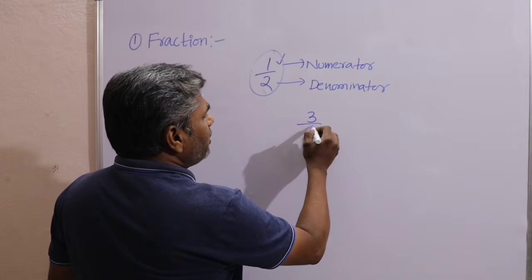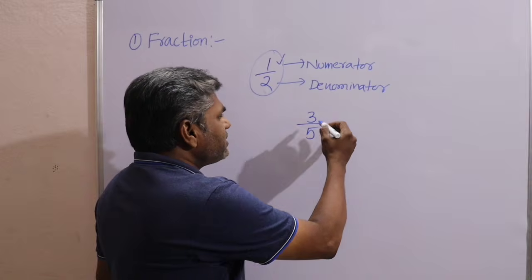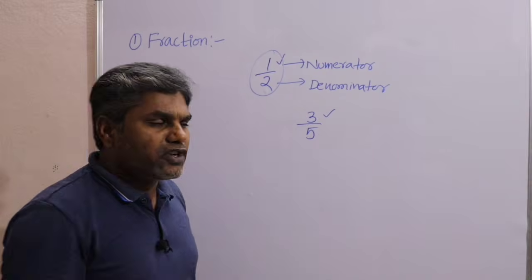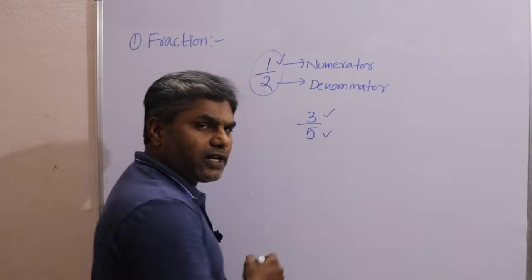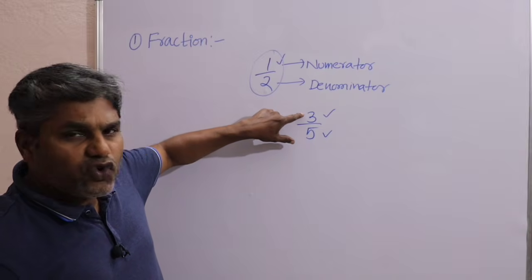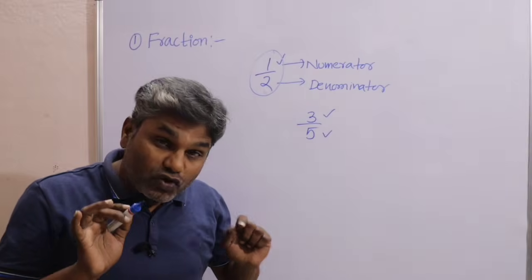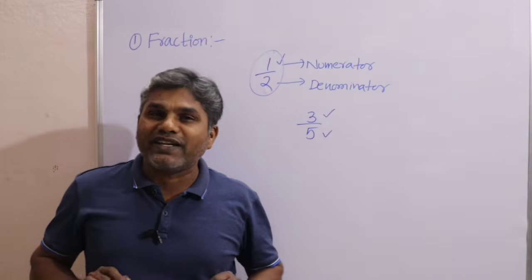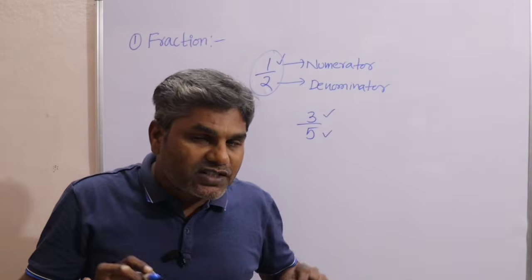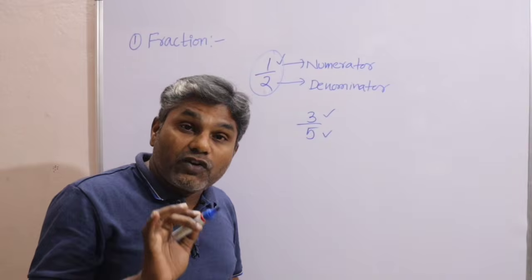Suppose I am explaining the meaning of a fraction. See, in this case you take 3 as your numerator and 5 as denominator. The meaning of this one is when 3 chocolates are divided into 5 equal parts. You have to keep this point in mind: 5 equal parts, not 5 parts. 5 parts is different from 5 equal parts.